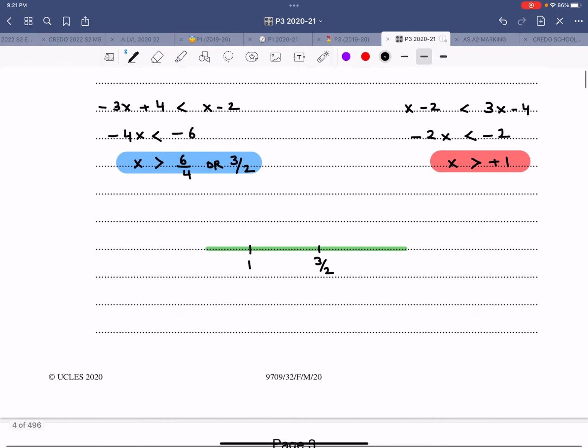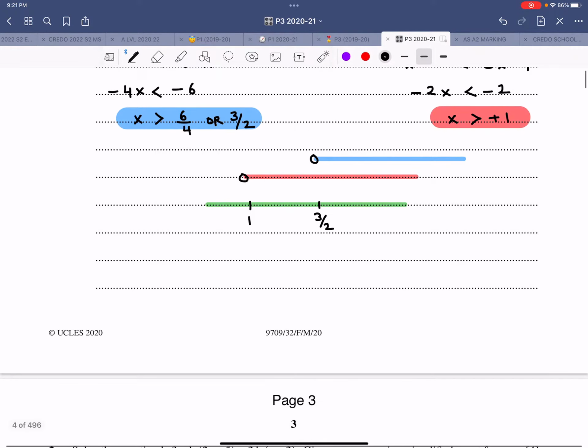Yes, that's the correct one. So now if I go to the right hand side, x is greater than 1 goes this way. This is the orange one. X is greater than 3 over 2 is going this way. Both circles are empty circles, which is the final answer.